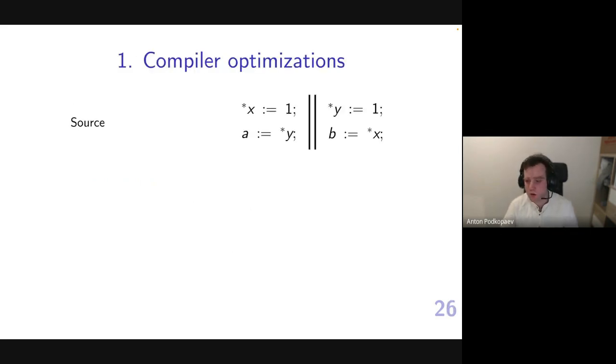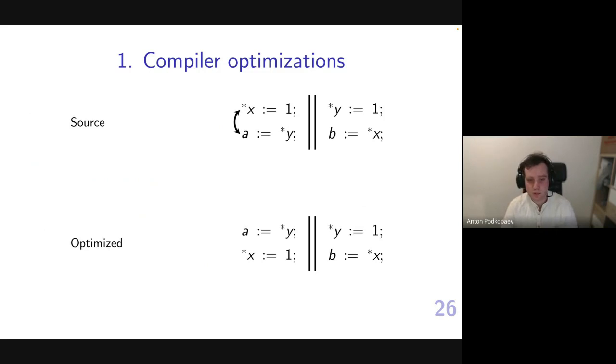Okay, we'll focus on requirements for programming language memory models, and let's take a look at what it means for a memory model to support compiler optimizations. Suppose you have the following program, which we already saw. This is the first program, the store buffering. As we saw, GCC may reorder instructions in the thread, leading to this optimized program.